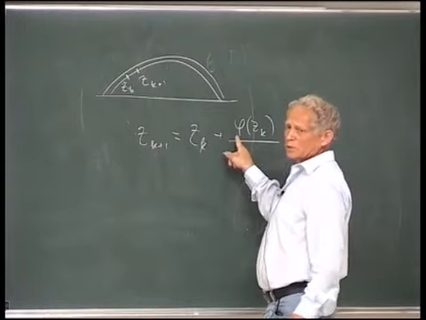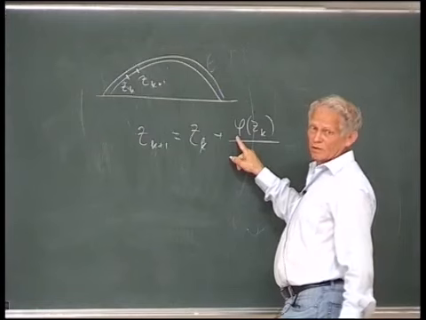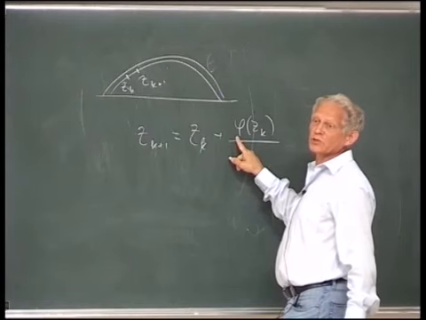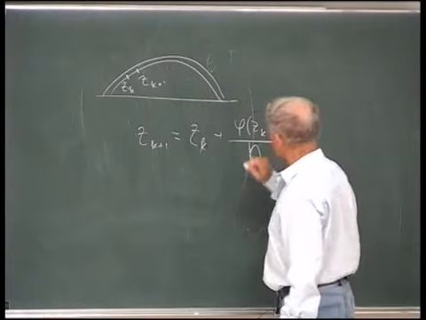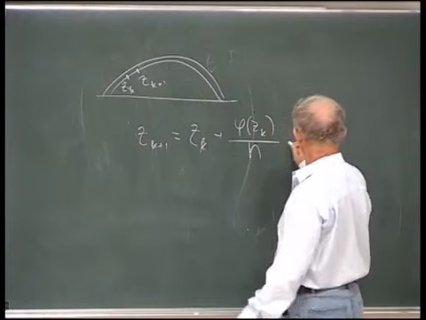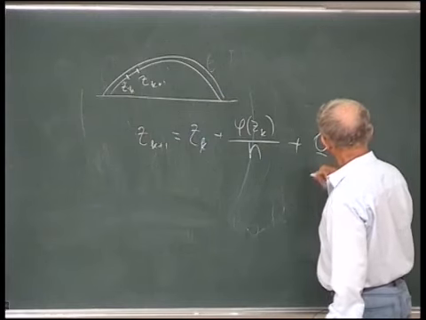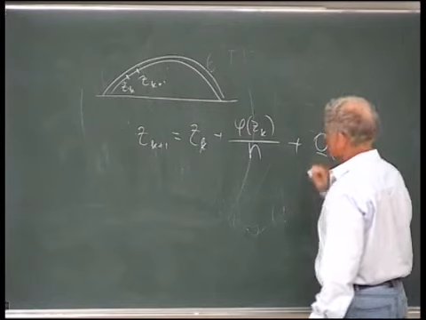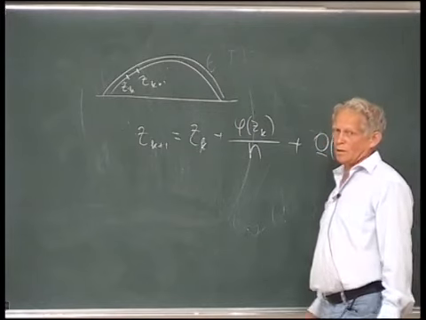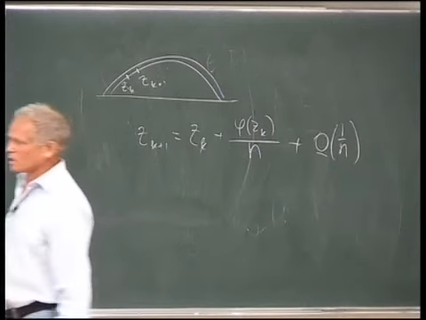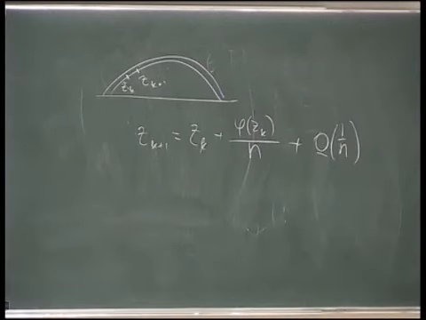Phi will not depend on anything. It's a very nice analytic function of z divided by n, where n is the size of the system, plus something of order smaller than 1 over n. More precisely, it will be of order 1 over square root of n.